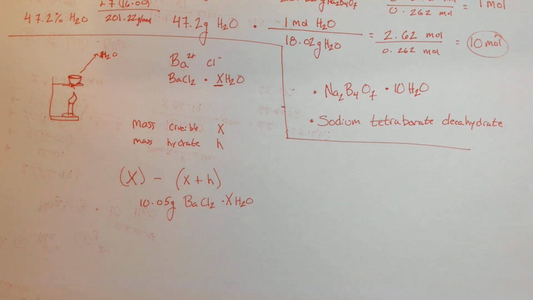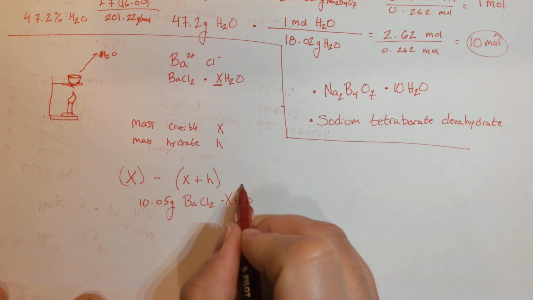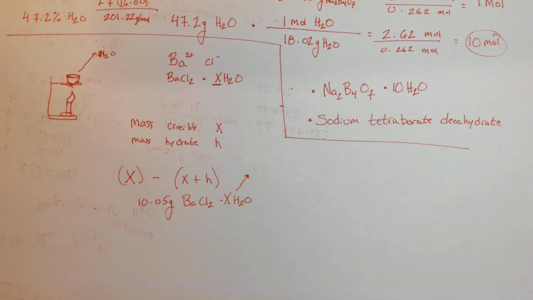Great. So then we heat it. And when we heat it, all the water goes away. Bye. See you later. And what's going to happen is we're going to be left with a certain amount of anhydrate. The anhydrous form of the hydrate, just the salt. Cool. So how are we going to calculate that? Well, we're going to do exactly what we just did.